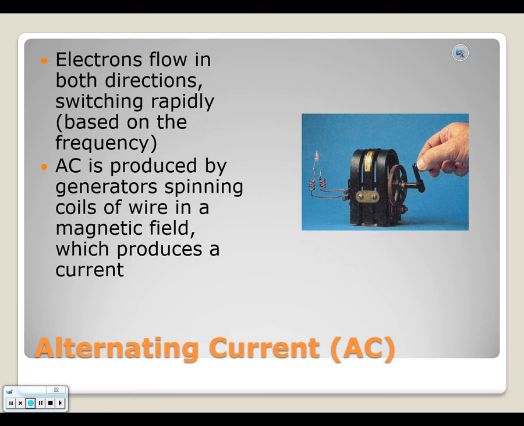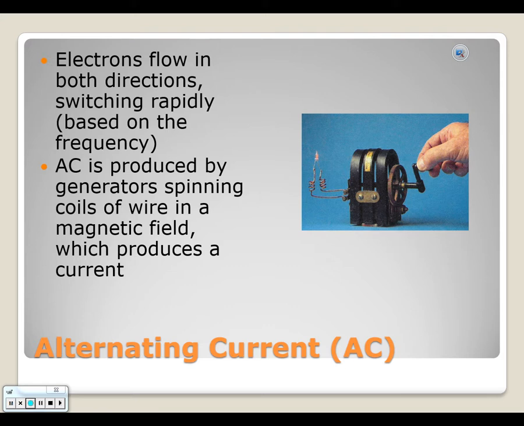So, all right. For alternating current, we have electrons flowing in 2 directions. That can be a little misleading. It's not like certain electrons are flowing this way and certain electrons are flowing that way. It's actually sort of a back and forth, sort of jiggling. Each electron goes back, forth, back, forth, and how often it does that depends on the frequency.